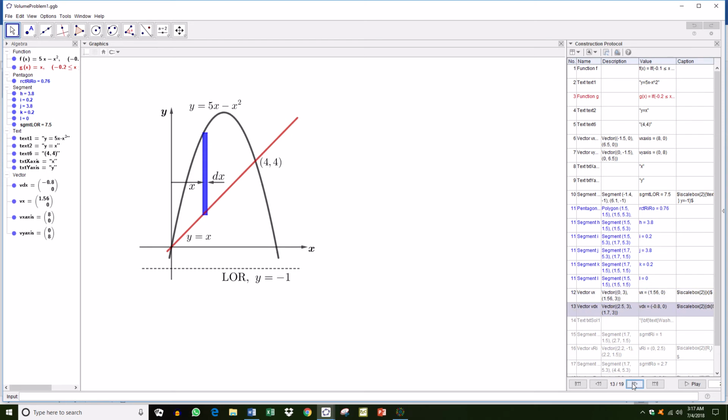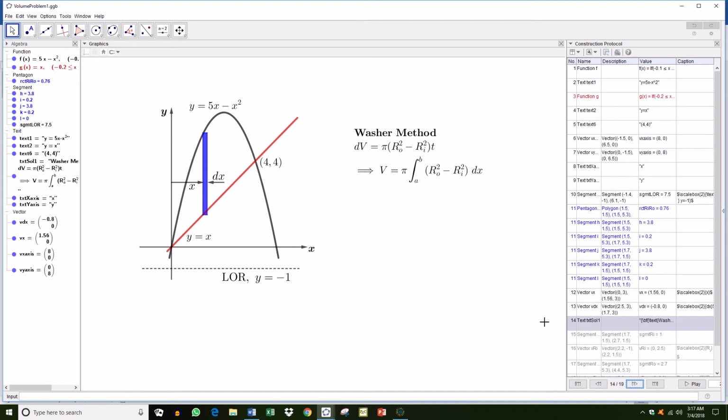Then you have to decide which method we are going to use, the disc washer method or the shell method. One of the very last things I said in the previous slide is, if the rectangle's orientation with respect to the line of revolution is perpendicular, like here, automatically you're going to use the disc washer method. So what is the formula for the volume of the disc washer?